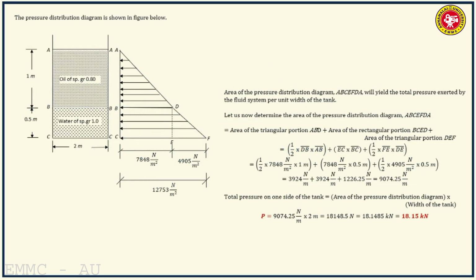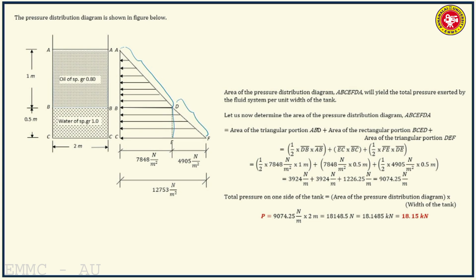So the pressure distribution diagram can be represented like this. So here you have, this is the variation due to the column of oil. Then this pressure at BB due to column of oil will come as a uniform distribution beneath that, where the water column is there, and you have varied pressure due to water column. So you get the pressure distribution.